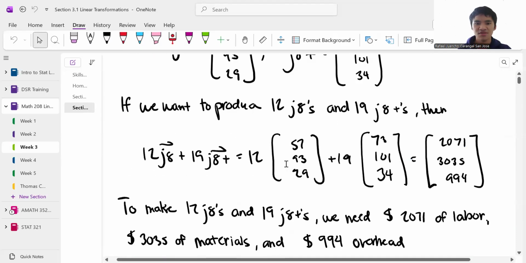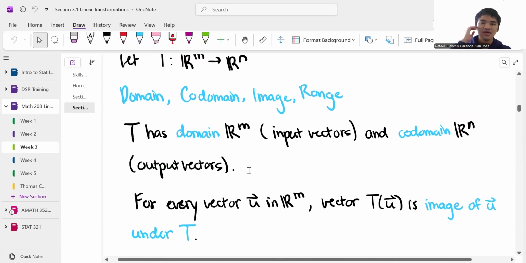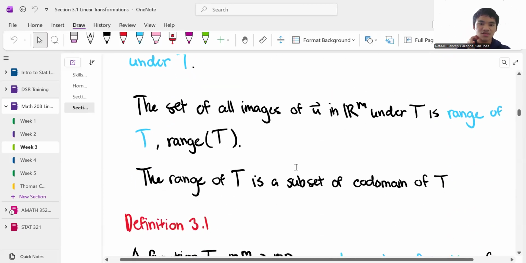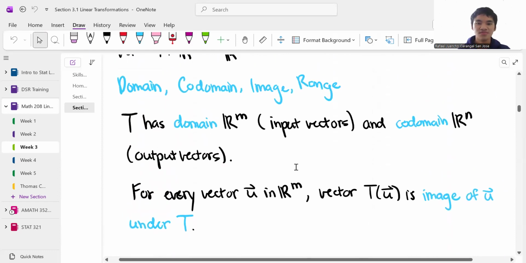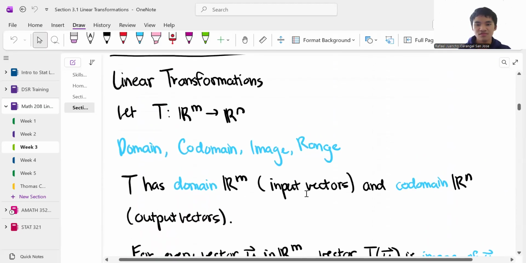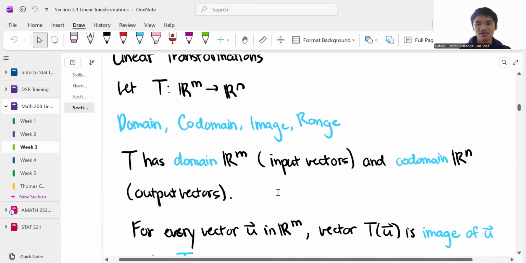I think it might be the first thing we look at. Okay, the domain is the input vectors, while the codomain are the output vectors. That's what it is. So given some linear transformation, it is going to have the domain, which are the input vectors in Rm, and codomain, which are the output vectors in Rn.